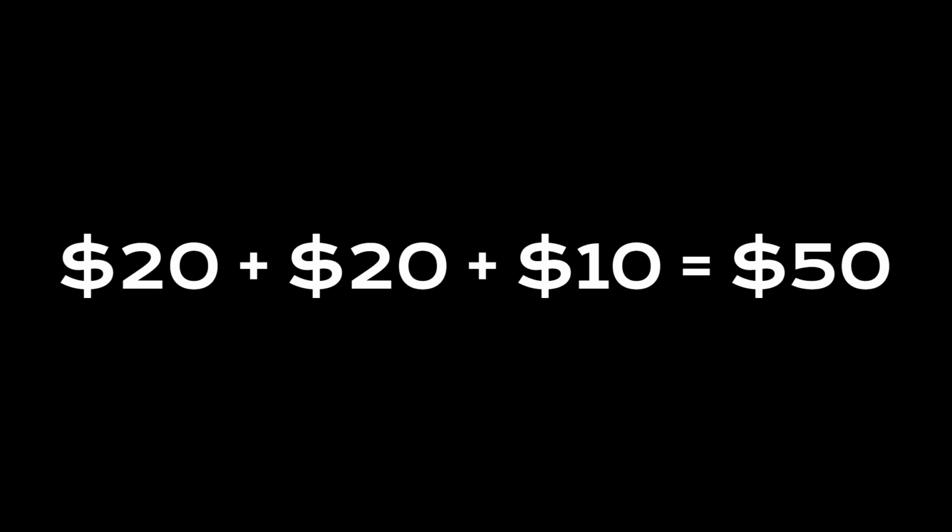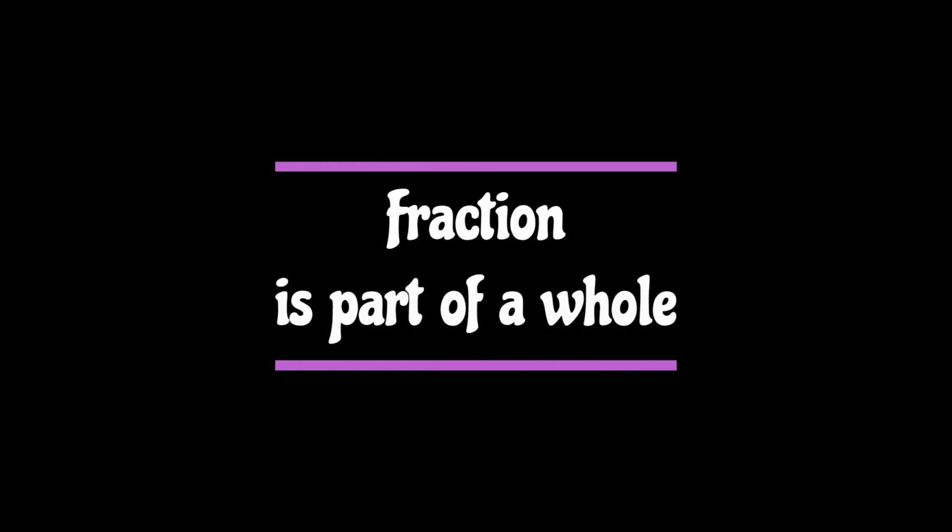That's 2 and a half 20s. So if you multiply 2 and a half by 20, you will get 50. Don't worry, girls and boys. Soon we will look at fractions. A fraction is a part of a whole.